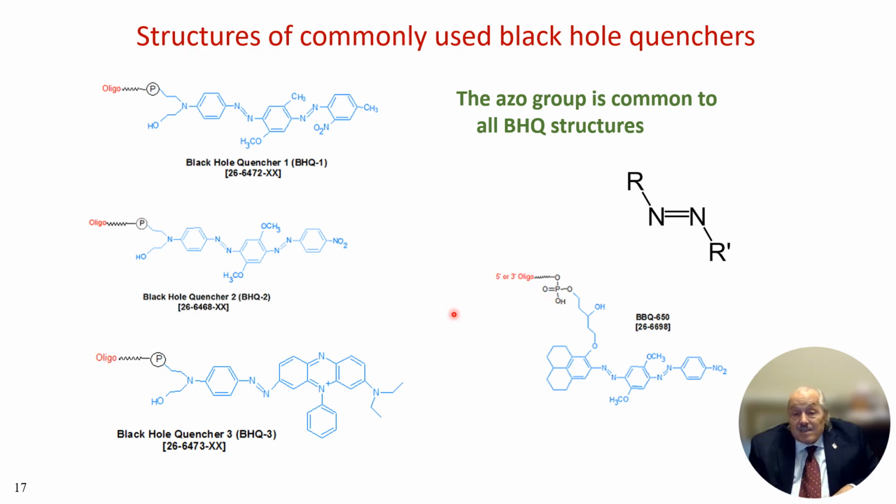So I guess that's the secret for making a black hole quencher. And you can get it to work at long wavelengths or shorter wavelengths. And a lot of the names overlap. You can find the same black hole quencher with a different name from a different vendor. So it's easy to look for the spectral properties. It's not always easy to sort out the names.